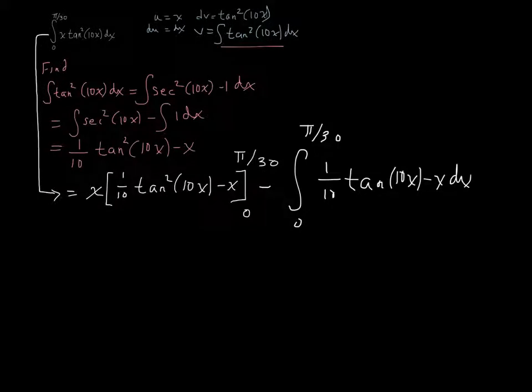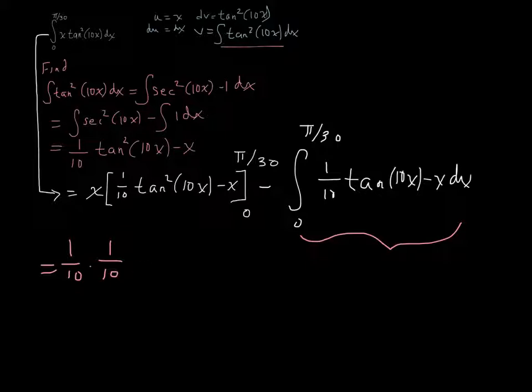Alright, so there's my pieces of what I'm going to do. Once again, let's do a side note. Let's go ahead and find this, so we'll be able to plug everything in. So I can bring the 1/10 out front. Then as I integrate my tangent of 10x, I have 1 over the 10. So that's my second one.